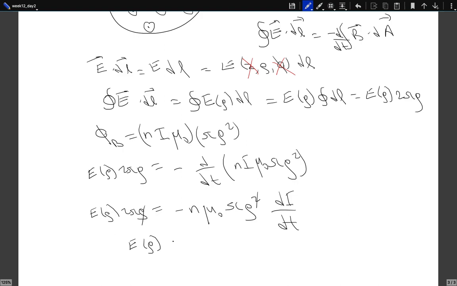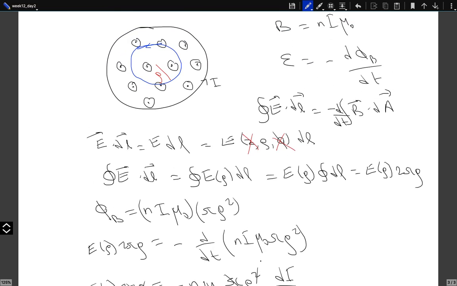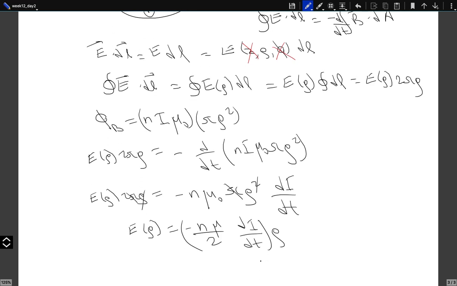So the electric field is minus, well, the pi's also cancel, n mu 0 over 2 dI by dt times rho. So apparently the electric field is not counterclockwise, but the electric field lines go clockwise because of this minus sign, if the current is increasing with time. So the electric field increases as a function of rho.